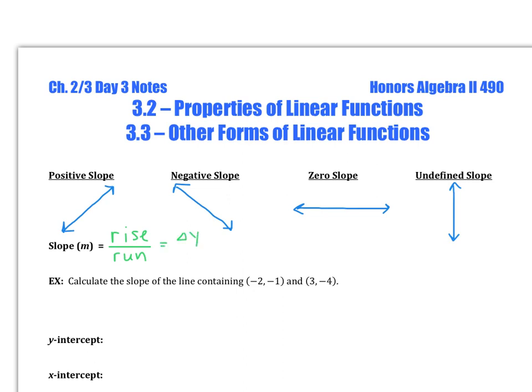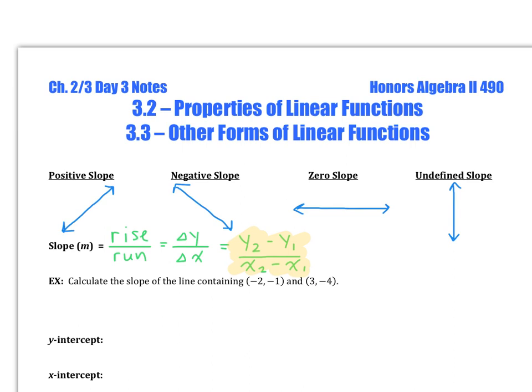Sometimes we use that notation, that little triangle there represents change in, over our change in x. And then that gets us to our actual formula, where we talk about y2 minus y1 all over x2 minus x1. So there's our slope formula.